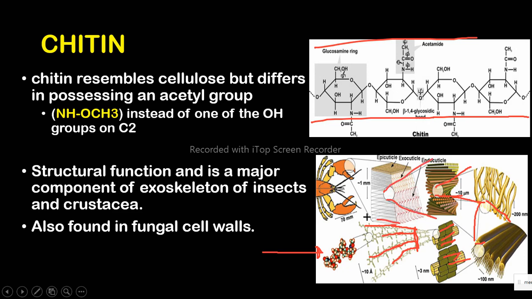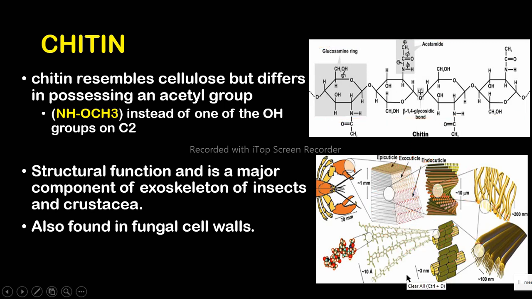So these will arrange themselves into strands to form an epicuticle, then an exocuticle, and then the endocuticle. Epi means above, upper. But the arrangement is kind of similar.